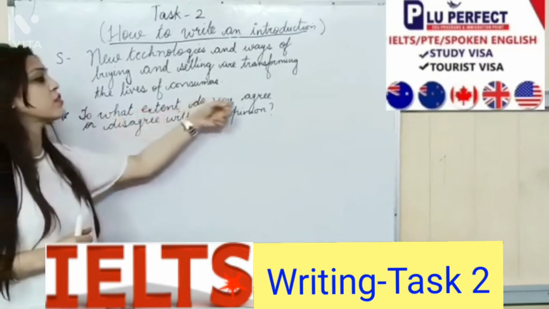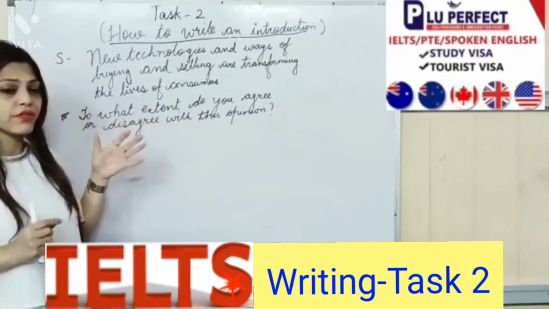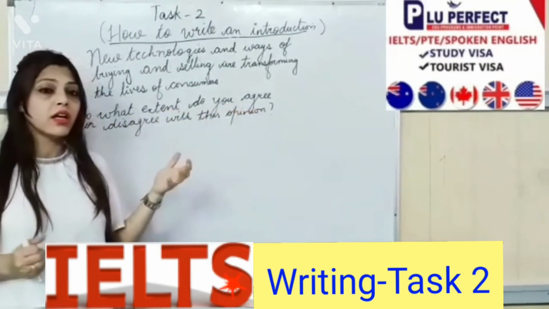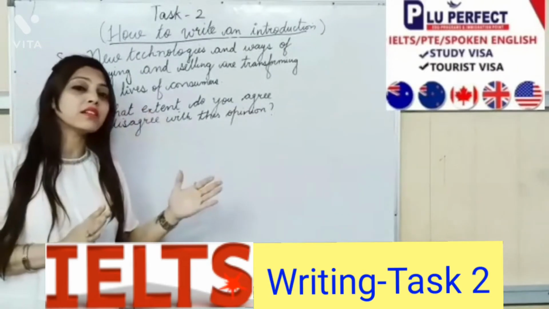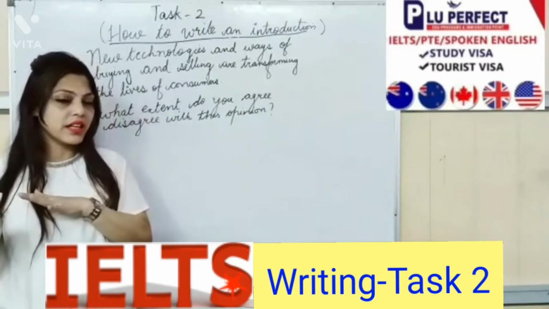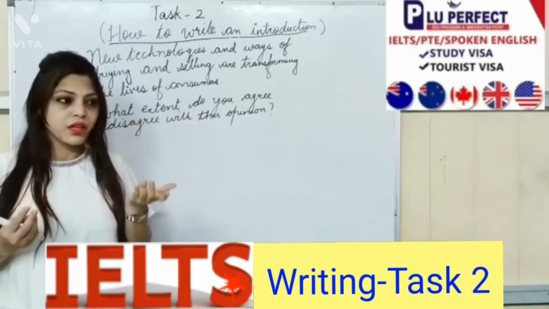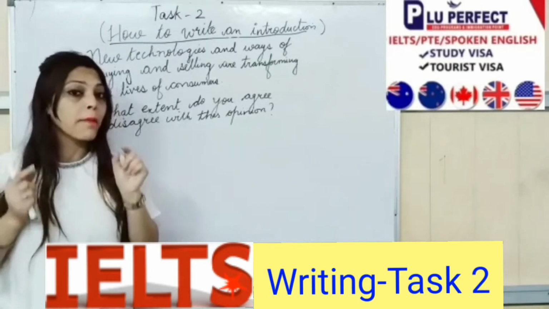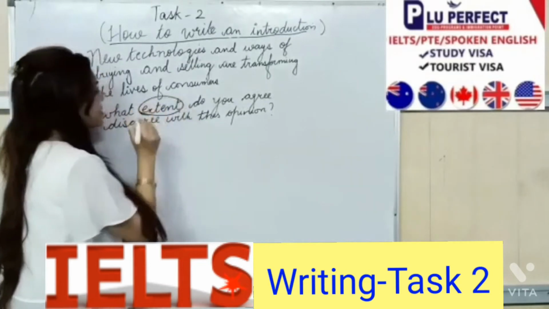When you get this kind of question, to what extent do you agree or disagree, you can completely agree or completely disagree, or you can give a 70-30 ratio opinion, or 30-70, or 50-50 also, because you have the word extent.